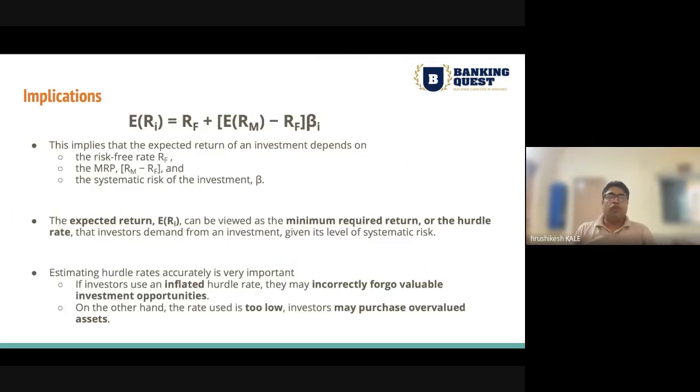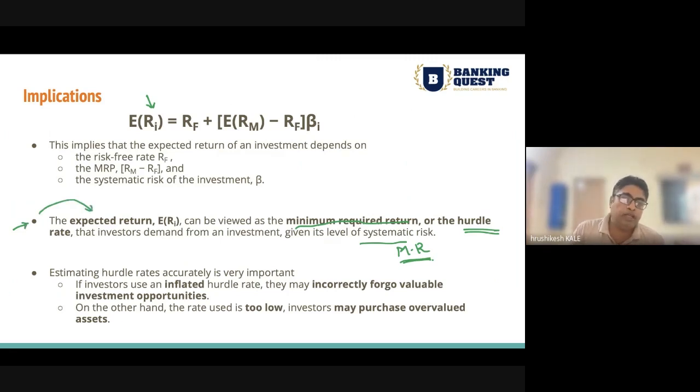Now, this expected return can be viewed as the minimum required return or a hurdle rate for a given level of systematic risk or market risk. If a portfolio manager can earn more than the expected return, that is good.